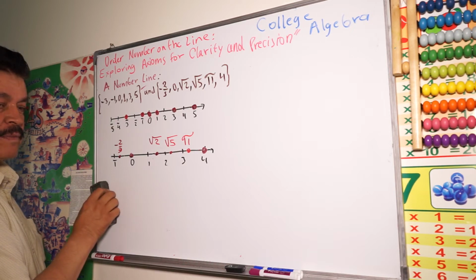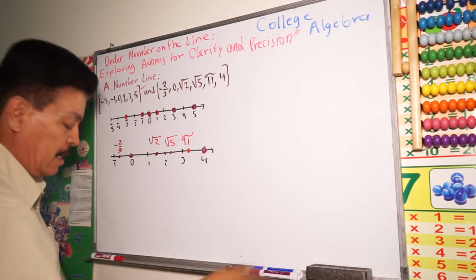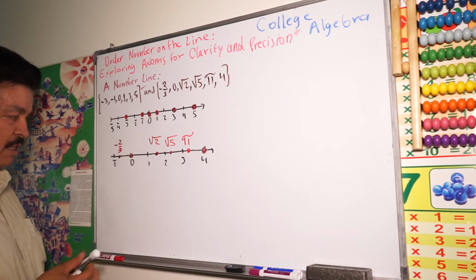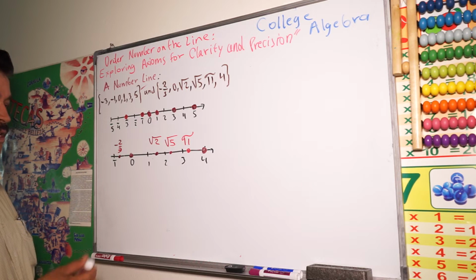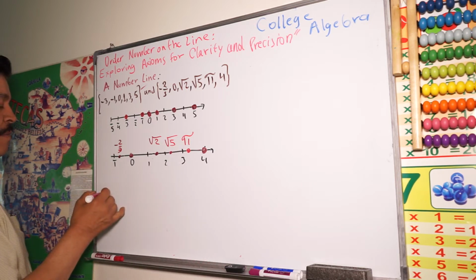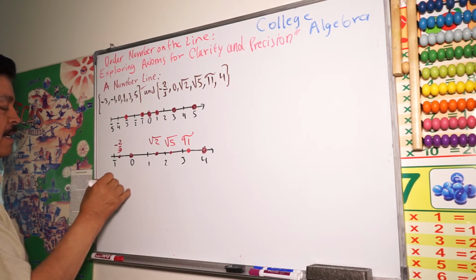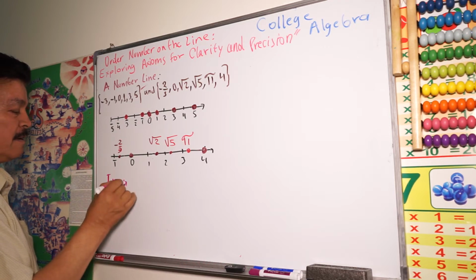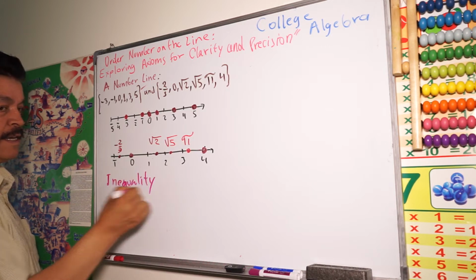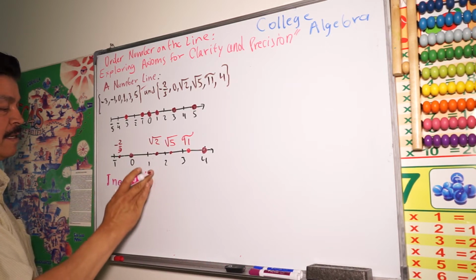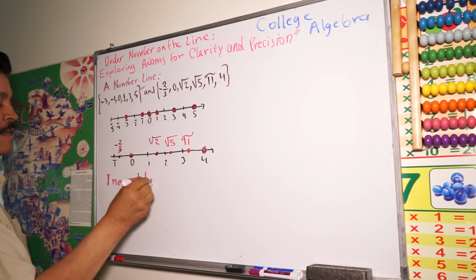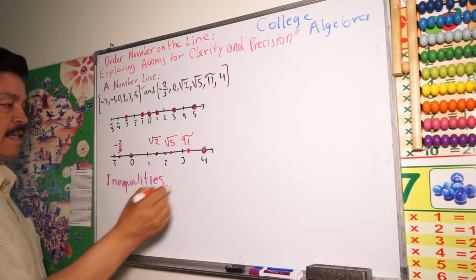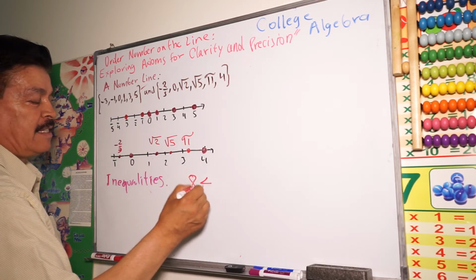Then we have something else to remember: inequalities. When you work with this topic, another main thing to remember is inequalities. An inequality is, for example, when you write 8 less than 10.